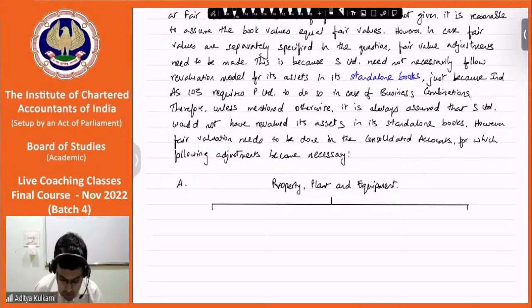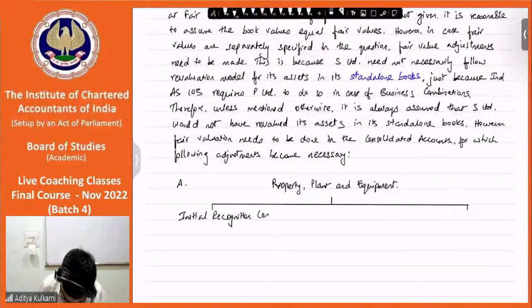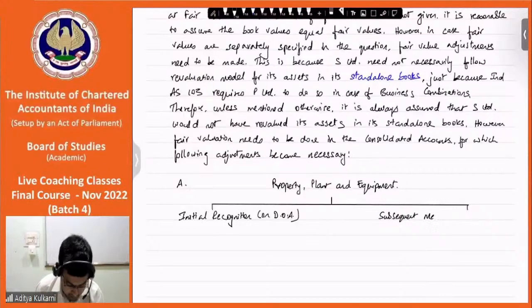The first one is going to be initial recognition. Initial recognition. What do I mean by initial recognition? That is on the date of acquisition. And then I'm having subsequent measurement, that is post acquisition period. Post acquisition period.